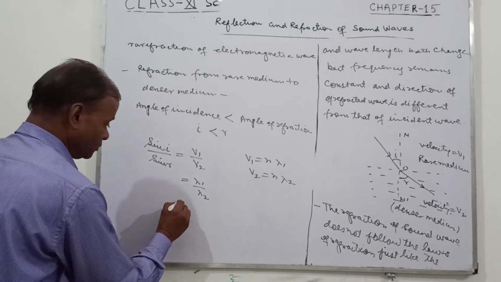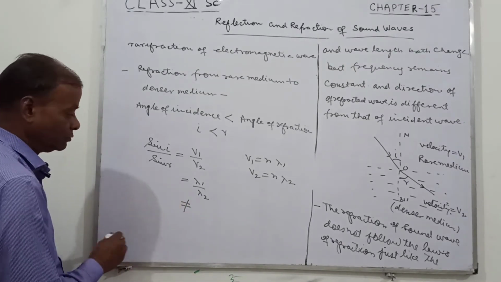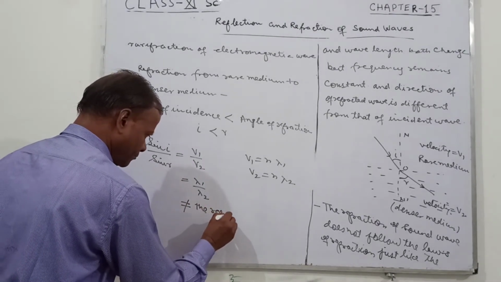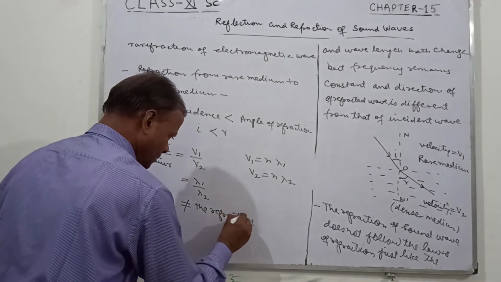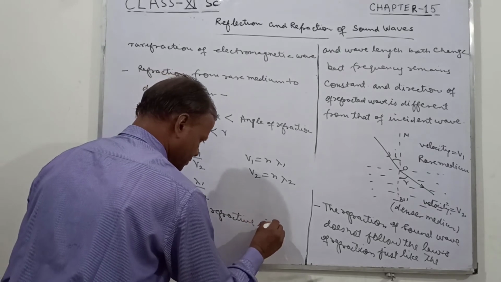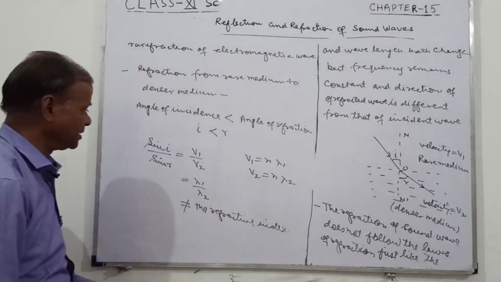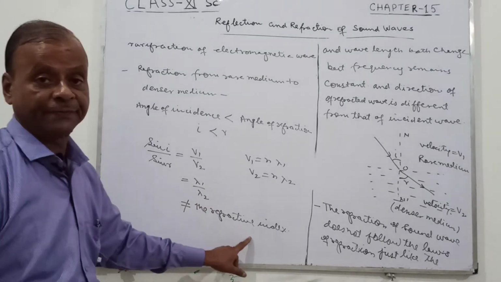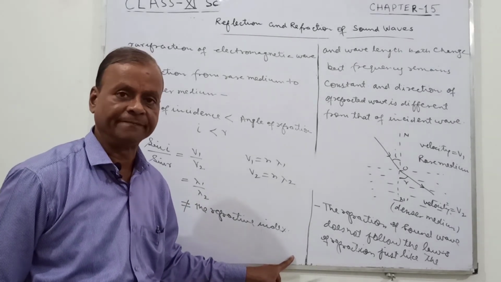But this is not equal to the refractive index. It means that the ratio of sin I upon sin R, or v1 upon v2, does not represent the refractive index of the medium.